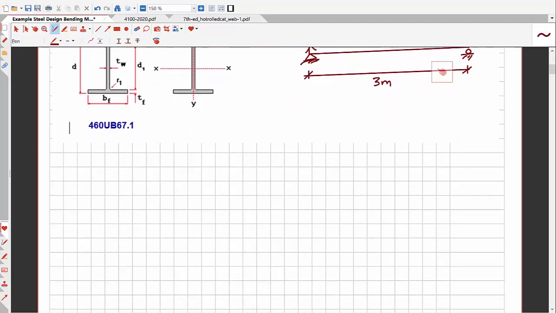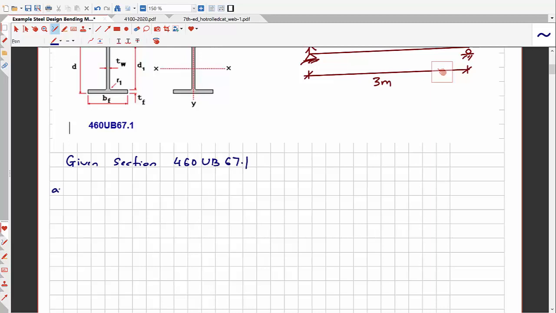Now, as we always do, first we have to find out the section moment capacity, and then we use the alpha S and alpha M factors to find the member moment capacity. So the given section we have is 460 UB 67.1.